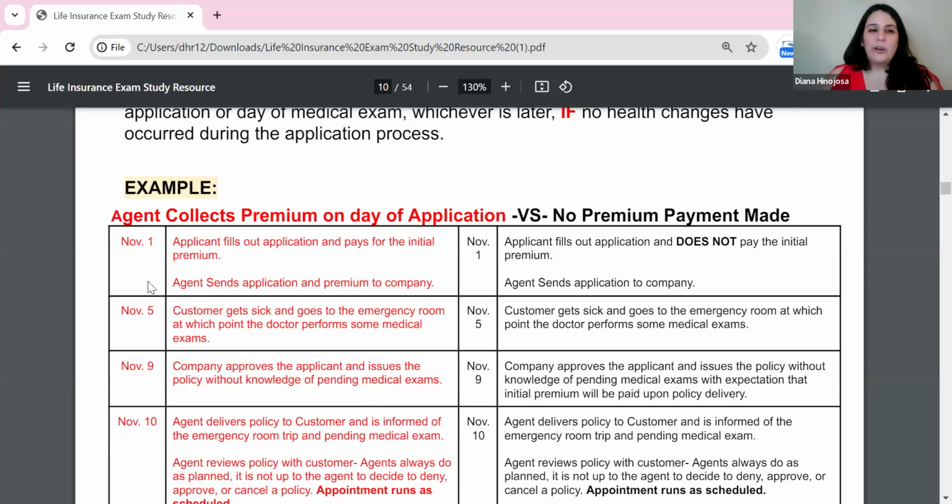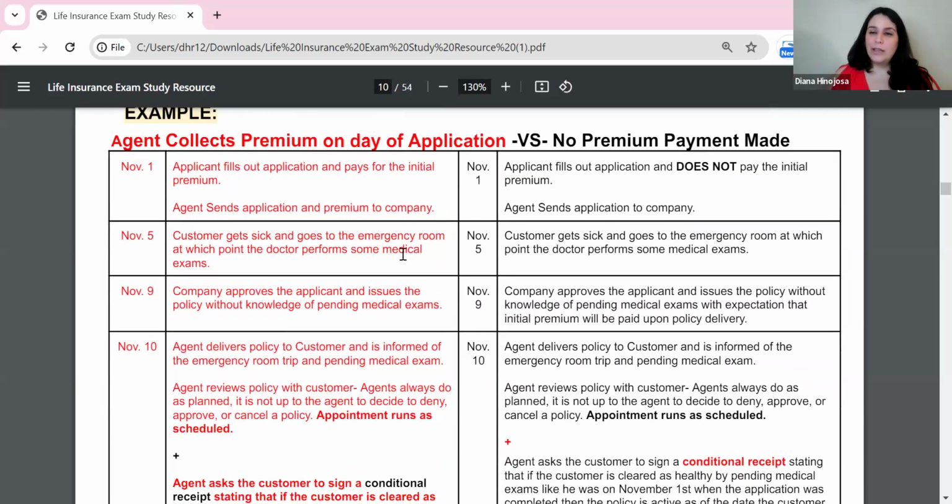On the red side, the customer decides to pay on the day of the application. So here he already paid us. And on this side, he decided he's not going to pay until the company issues the policy, until policy delivery. So here the customer paid us, here the customer did not pay us.